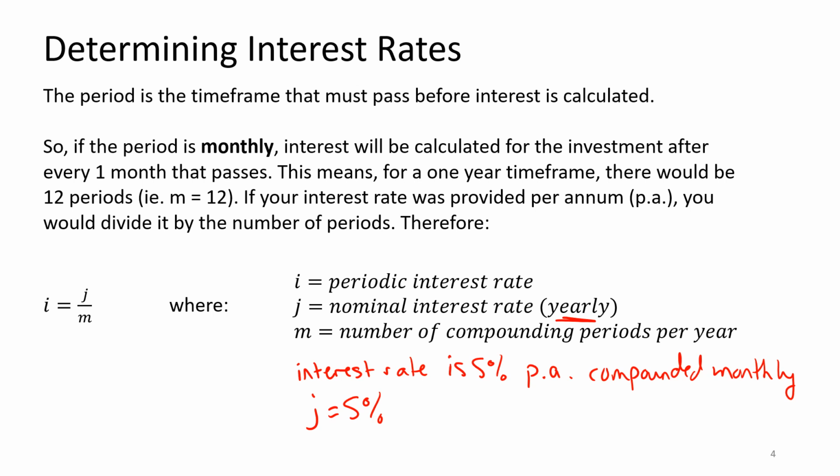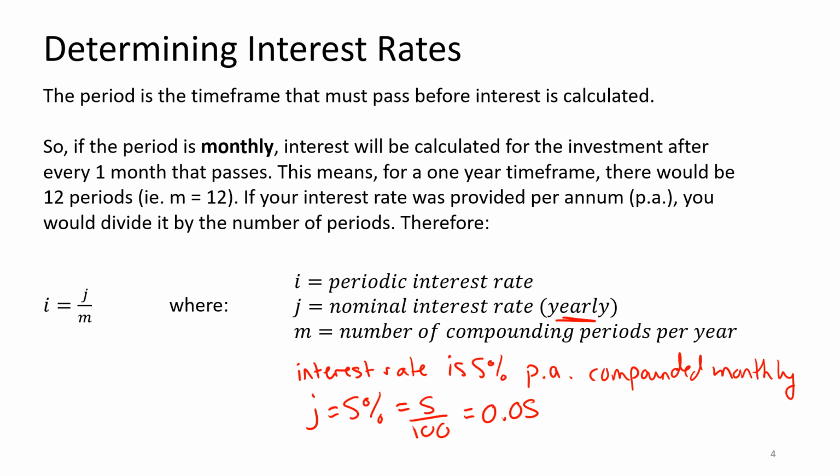Remember, for every single formula, you have to convert to a decimal. So that does not change from our simple interest to our compound interest formula. Converting this to a decimal, it's 5 divided by 100, removing the percentage sign, which is 0.05.